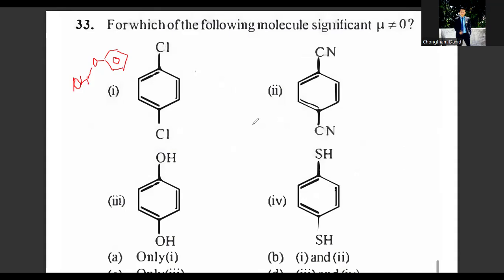So in both these molecules, which I'm going to draw, first erase all this.